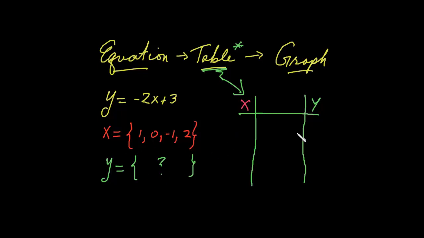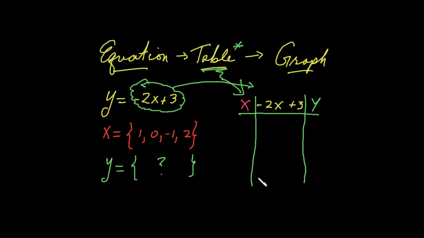Okay, now to make our table of values, of course we need the rule. The rule that we put here in the middle is the rule that defines the function, and that's this one here. So this rule goes here in the middle of the table, and we're going to do that now. We're going to put our negative 2x plus 3 here. Okay, right there, that's where it goes.